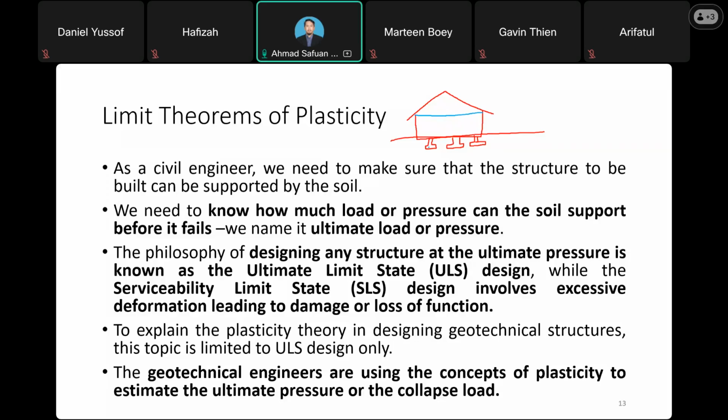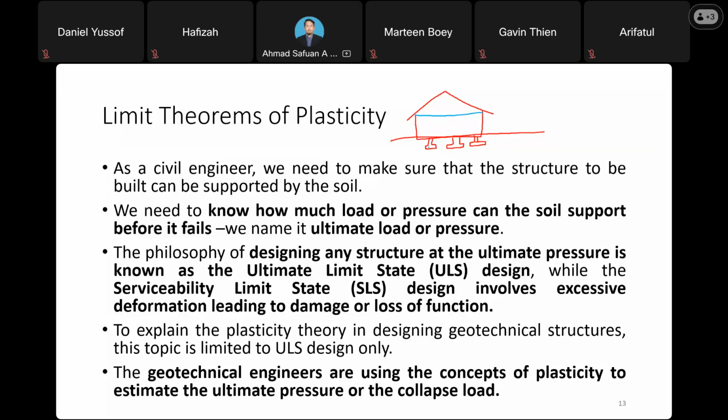So this design load is related to the serviceability limit state. It can involve excessive deformations.